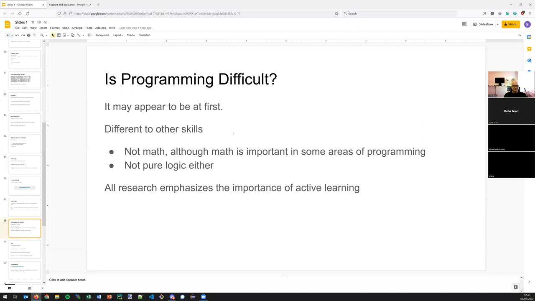Okay, then if you wonder whether programming is difficult or not, I think for most of you, it may appear to be difficult at first. And the reason for that is that programming is really different from probably anything else you've done before. It's not mathematics. Math is important in some areas of programming.